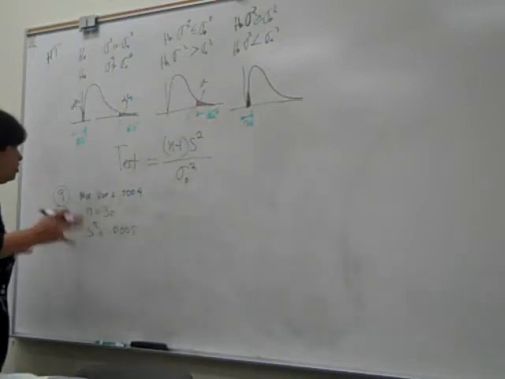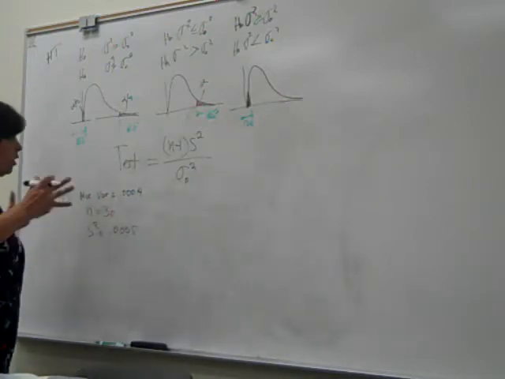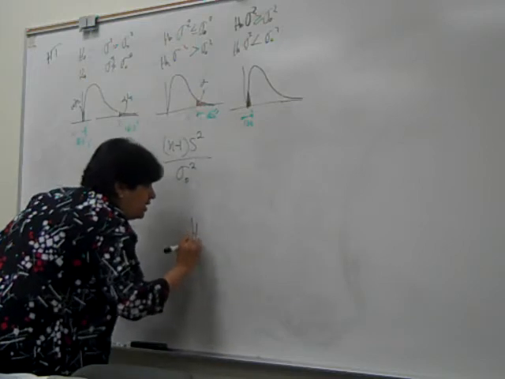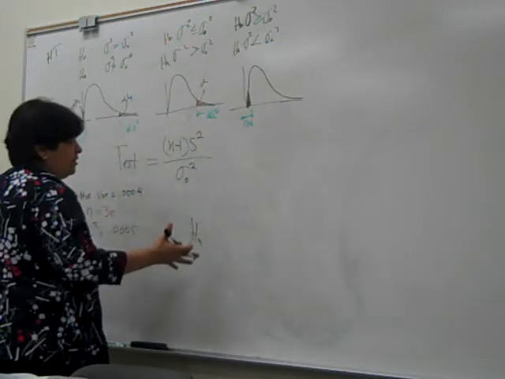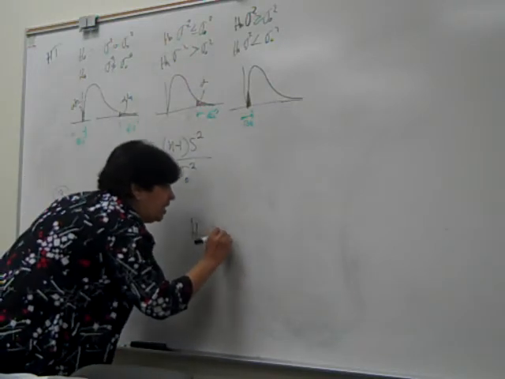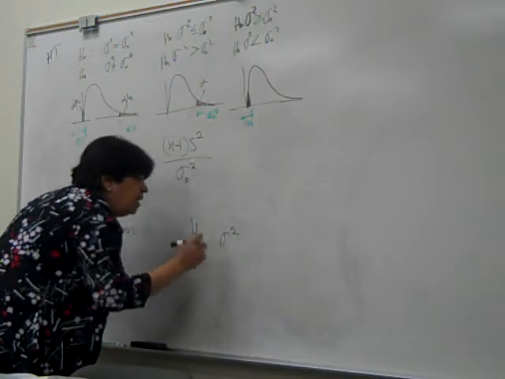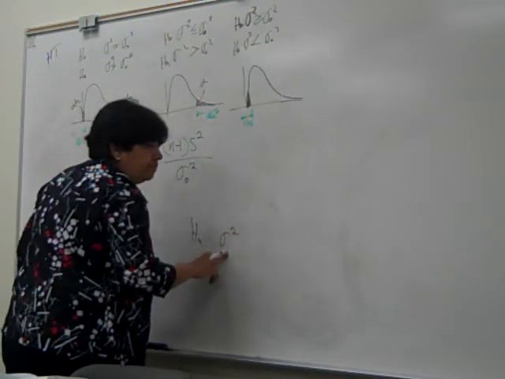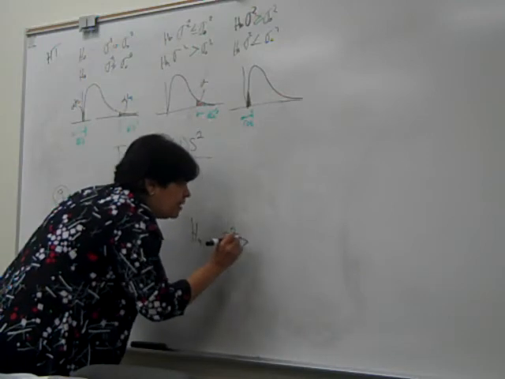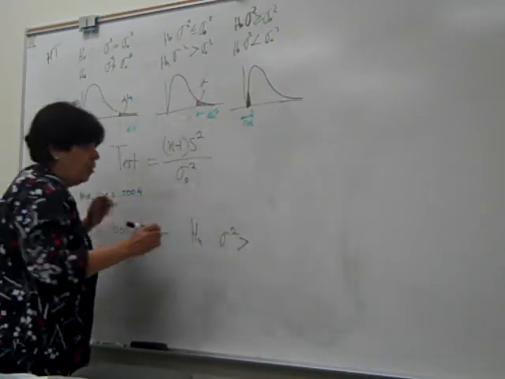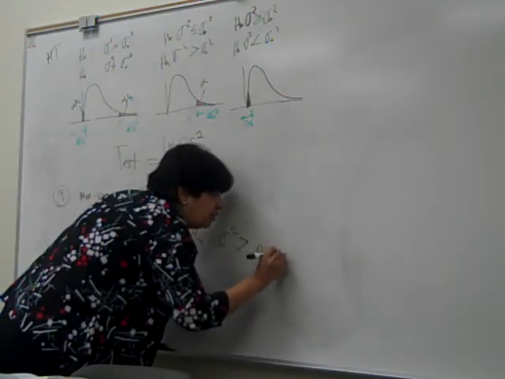So what we really want to know, and that is why I'm going to put this in the alternative hypothesis, is if the real population variance is greater than the maximum allowed, 0.0004.